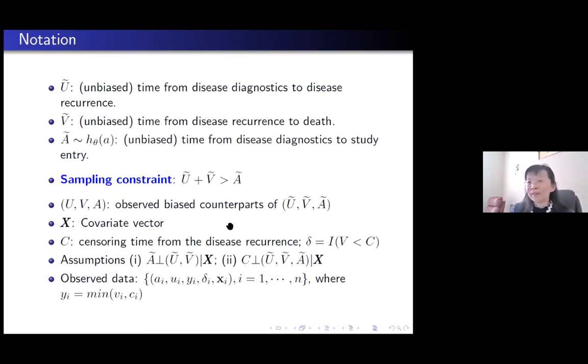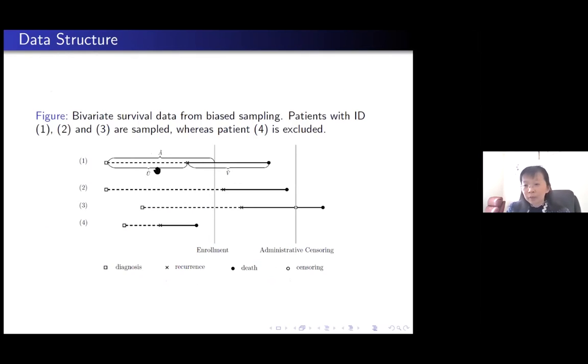Before introducing the joint model for bivariate survival times, let's look at notation first. Basically, here we use two sets of notations, one for the target population and the other for the observed data. For the target population, U and V denote the time from breast cancer onset to breast cancer recurrence and the time from breast cancer recurrence to death, respectively.